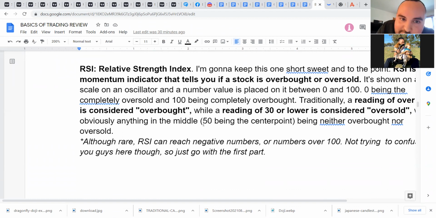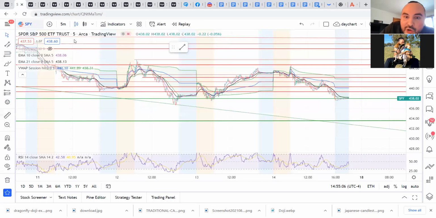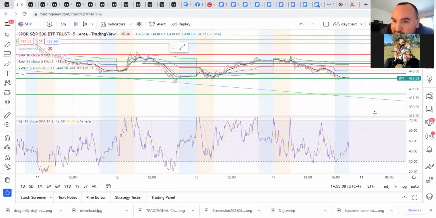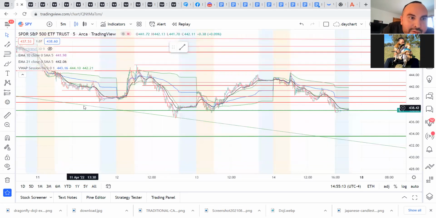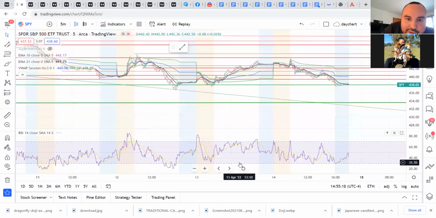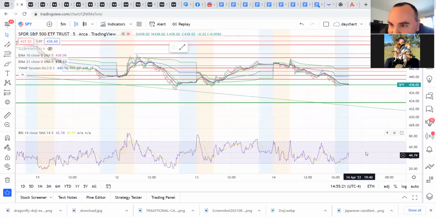RSI. This is one that I kind of swear by. The relative strength index is a momentum indicator that tells you whether a stock is overbought or oversold. You just pull up relative strength index, and that'll show you the RSI.